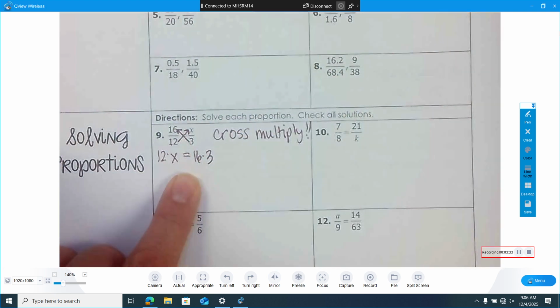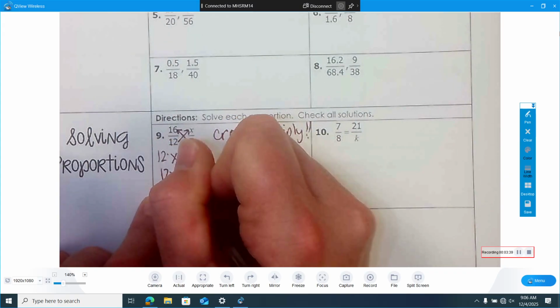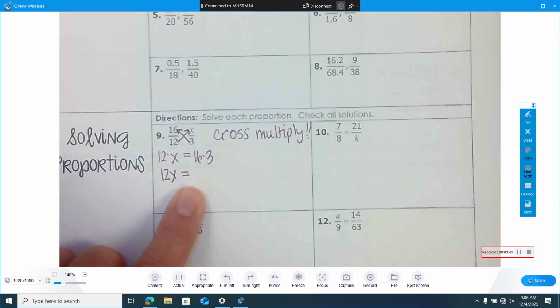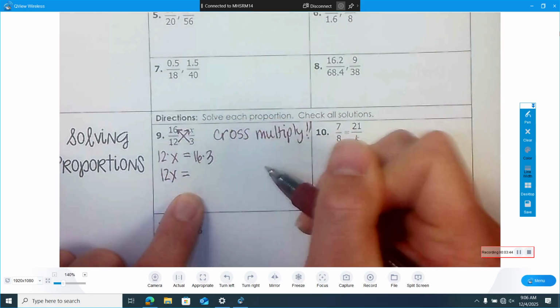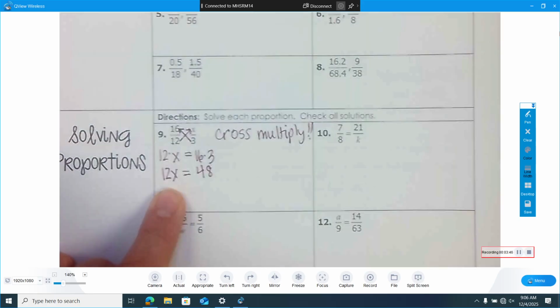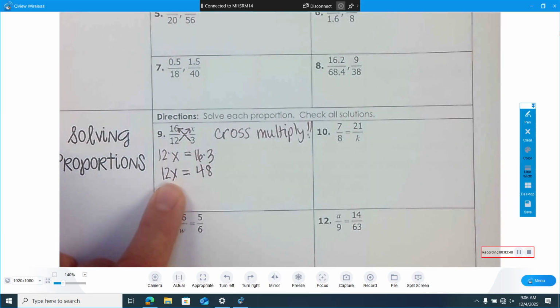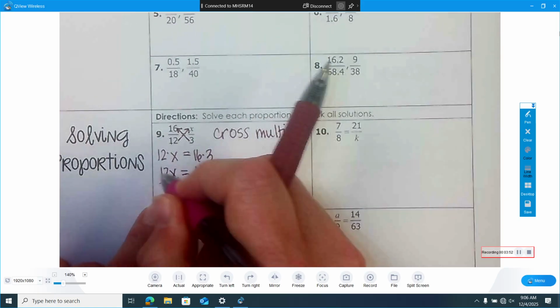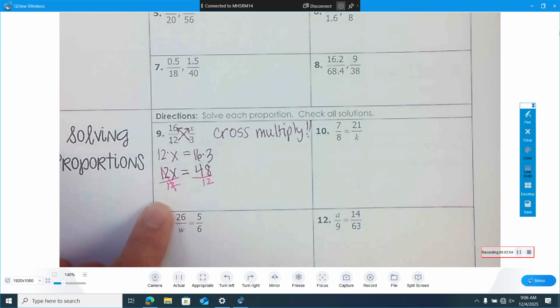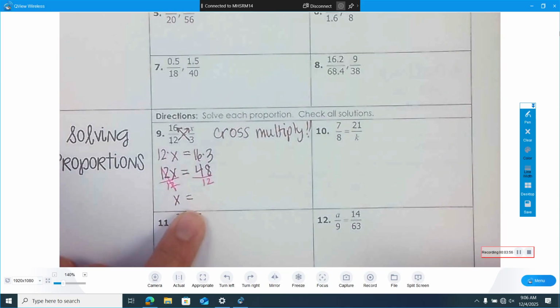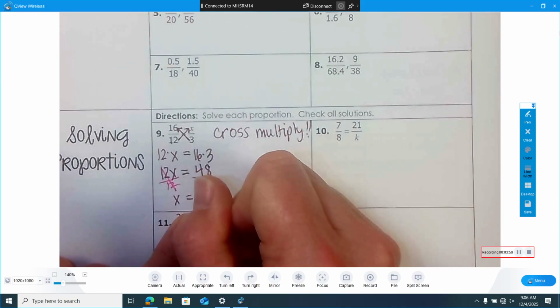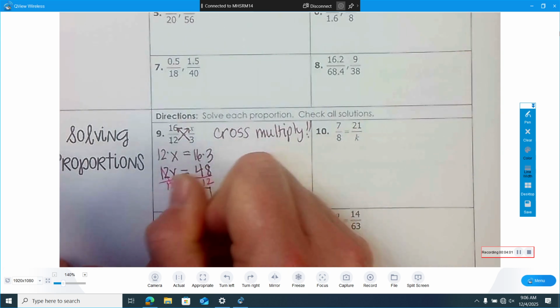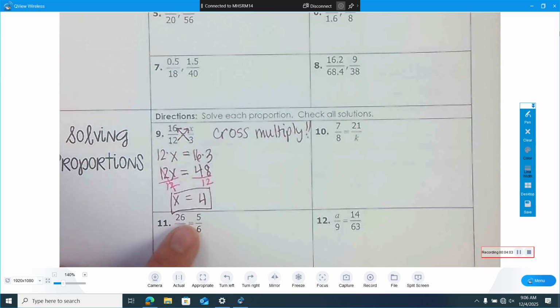So 12 times x is 12x, and 16 times 3 is 48. How do I get the x by itself? Divide by 12 on both sides. That gets x alone, and 48 divided by 12 is 4. That is our solution for x.